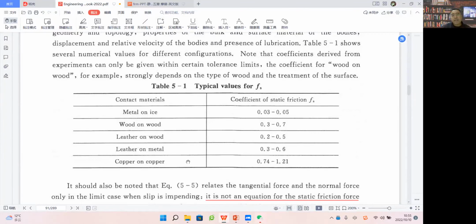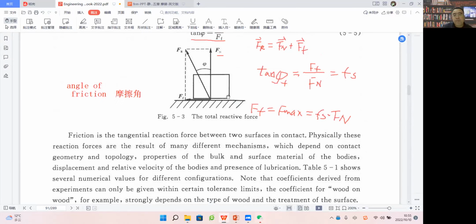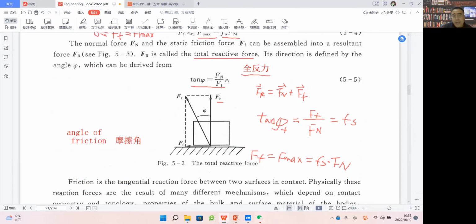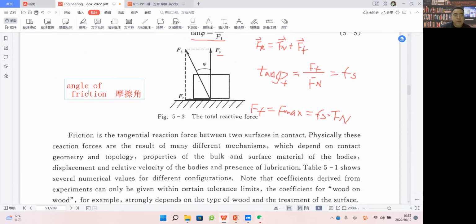So maybe we can test hand on hand, what's the coefficient of static friction? Maybe there will be some value. Maybe different persons will have different values. Anyway, we should know that only F max equals Fs times Fn, and we have this angle of friction.